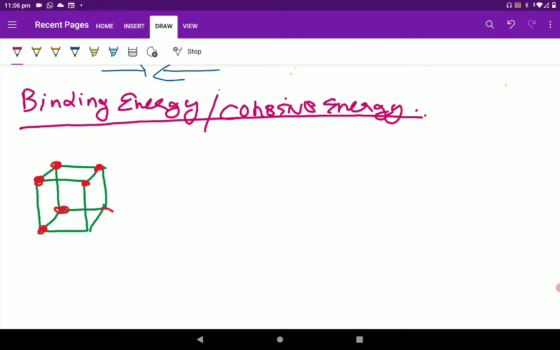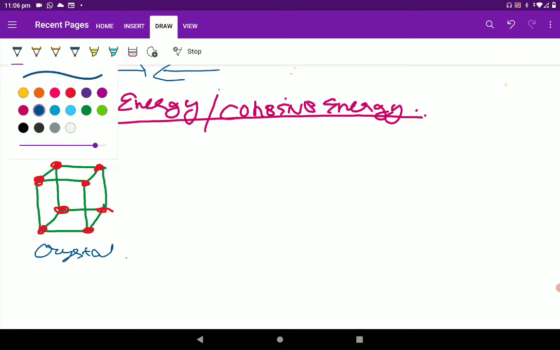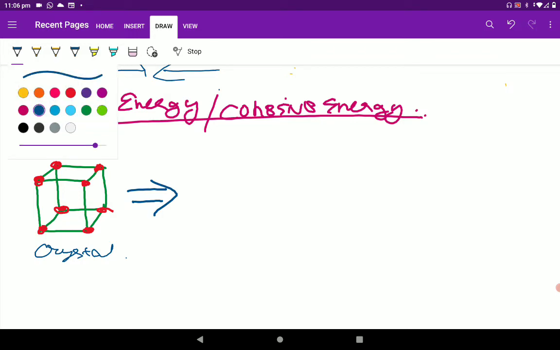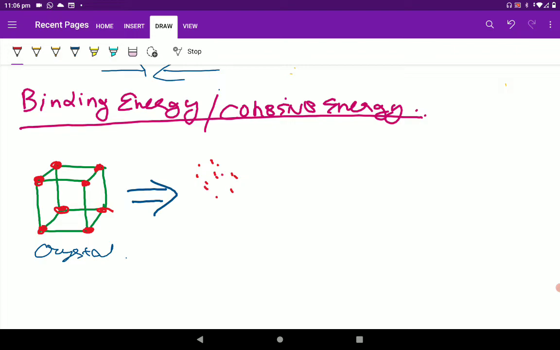So just take one crystal and now break that crystal into ions. So actually you have taken the crystal and broken that crystal into ions.